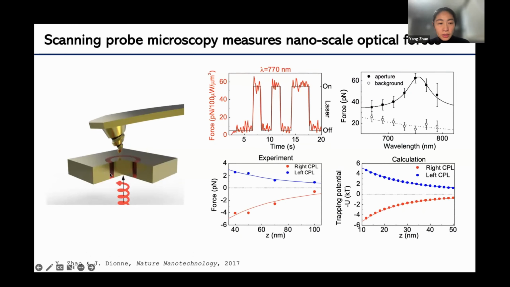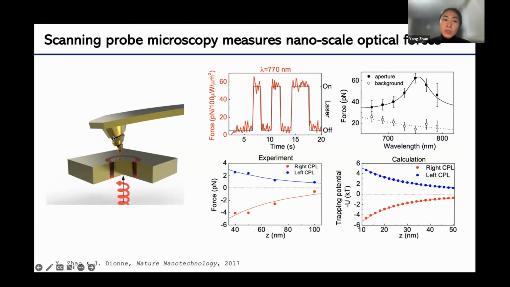It's not a particle in this sense, but more like an inverted structure or an aperture. So a cartoon shows this setup. From the bottom, you have circularly polarized light coming in, and the light gets enhanced by this coaxial aperture. On the transmission side, we have an atomic force microscope, and we're measuring light-induced forces.